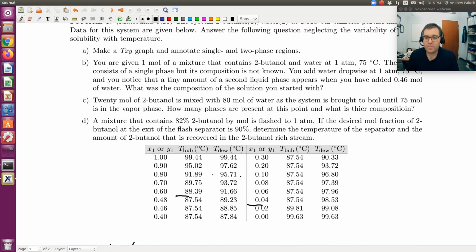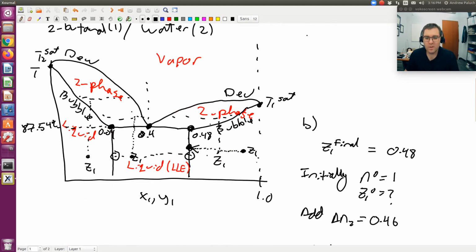Part C: 20 moles of 2-butanol is mixed with 80 moles of water, and the system is brought to boil until 75 moles is in the vapor phase. How many phases are present at this point, and what is their composition? What's important here is knowing what side of the azeotrope I'm in.